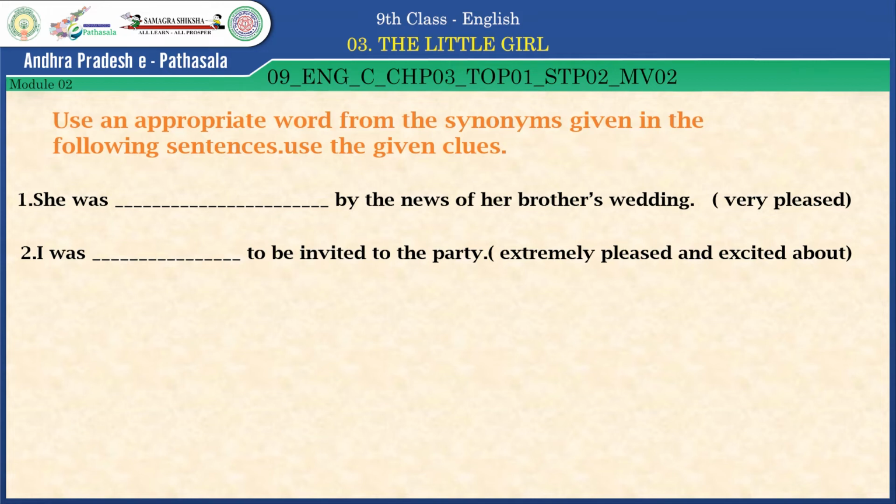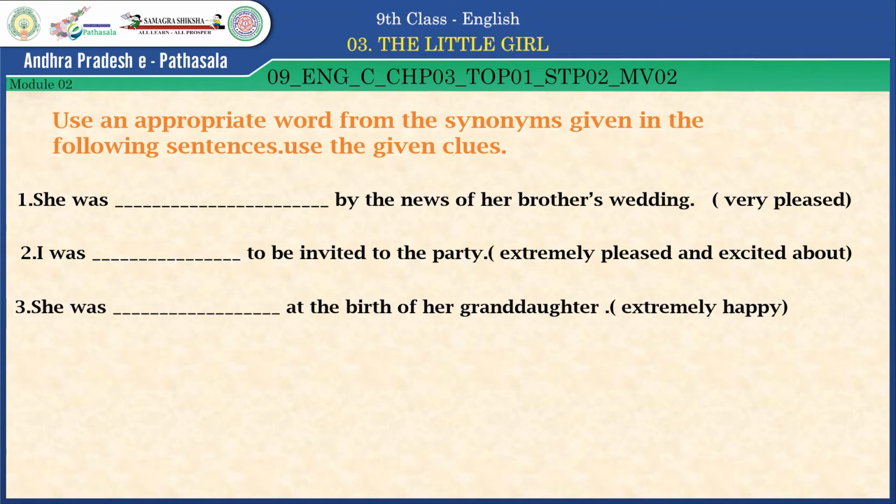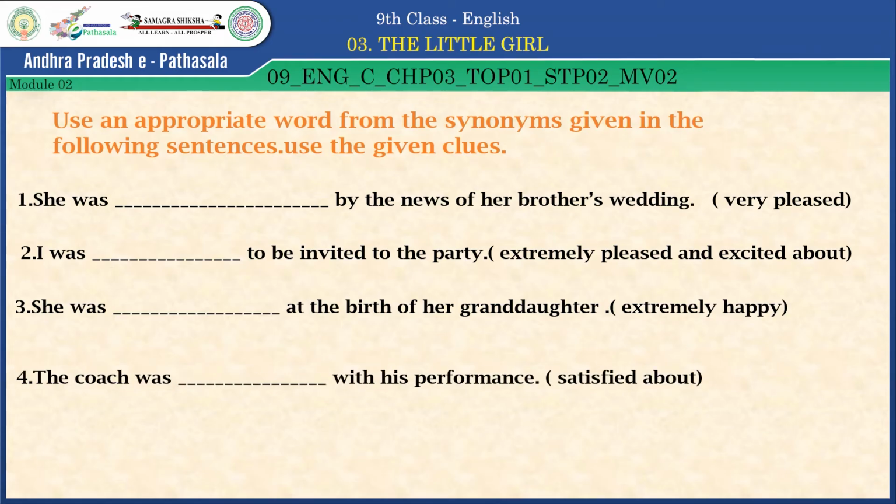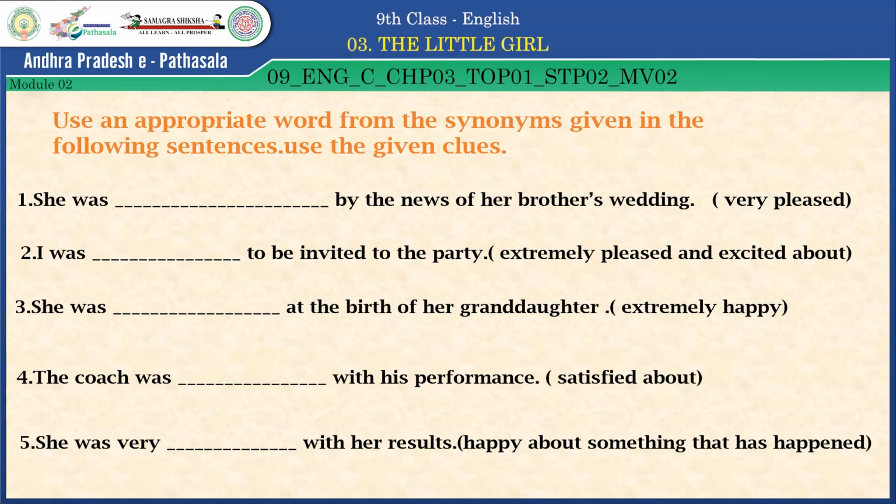Extremely pleased and excited about. She was dash at the birth of her granddaughter. Extremely happy. The coach was dash with his performance. Satisfied about. She was very dash with her results. Happy about something that has happened.